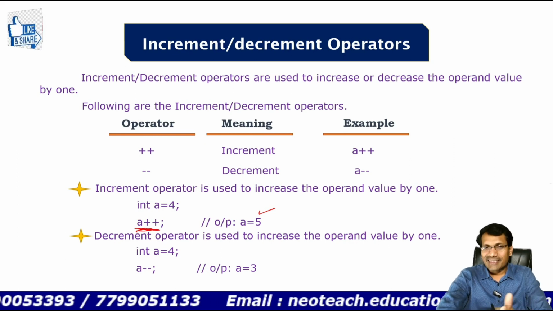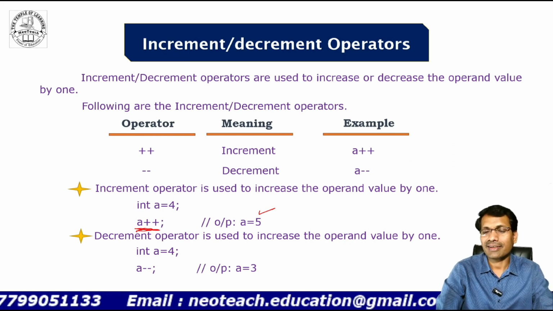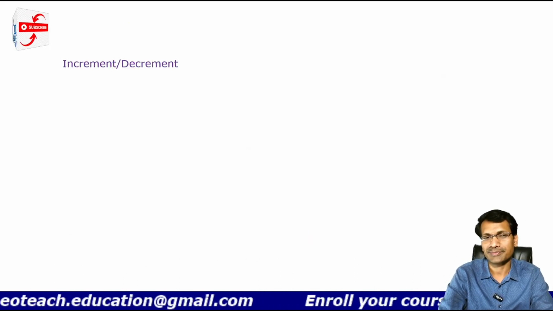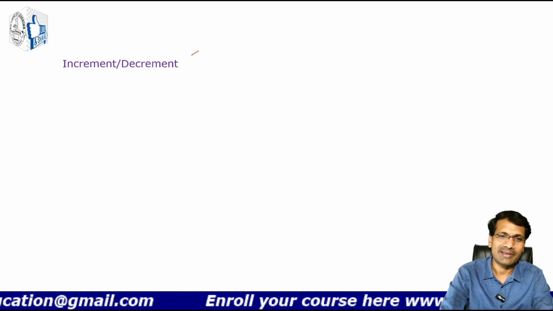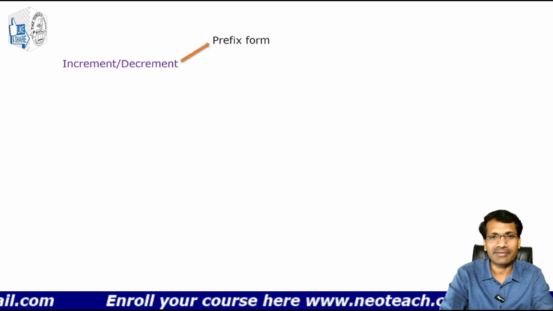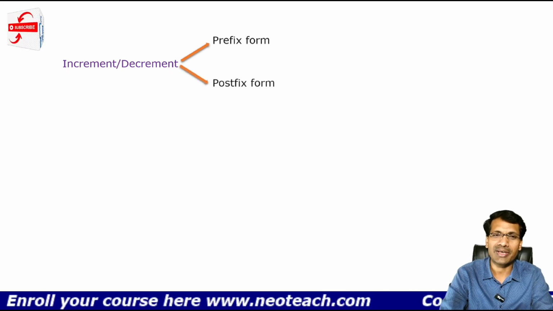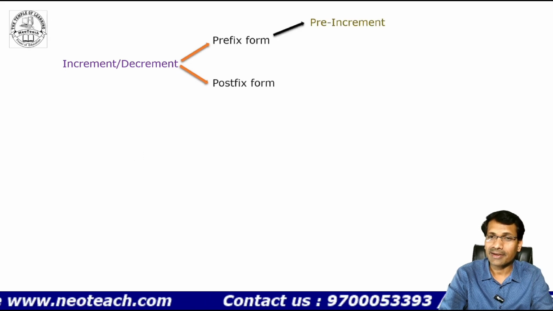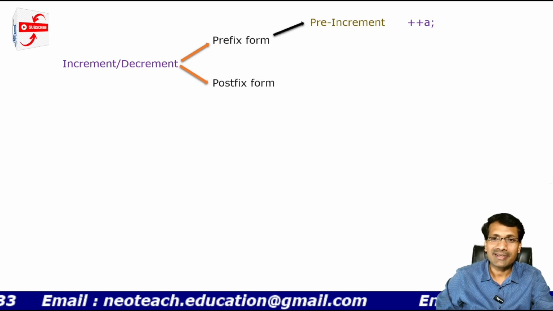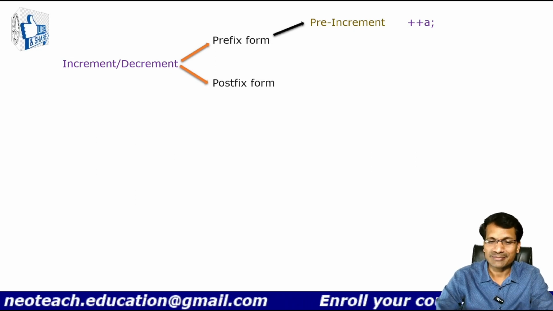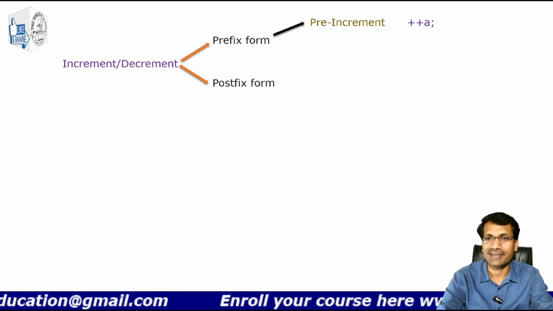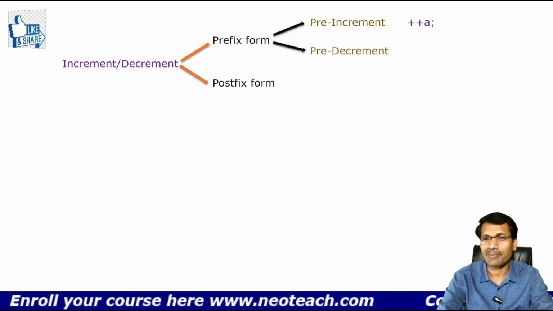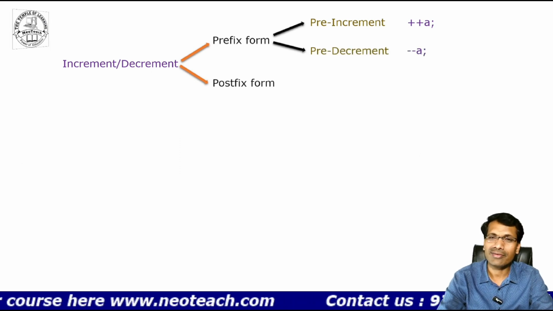These increment and decrement operators are classified into two categories: prefix form and postfix form. In the prefix form, first there is pre-incrementation, where the operator is placed before the operand, like plus plus a. Next is the pre-decrement operator, decrementation of a, which we write like this.